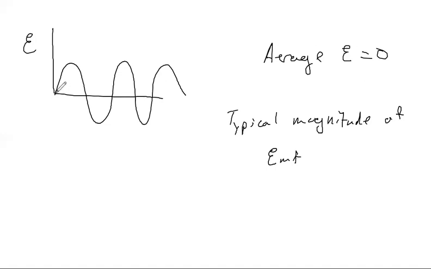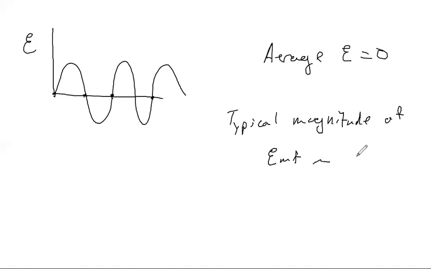The EMF is only 0 at a few places. On average, it typically isn't 0. It's typically something like this, as I shake my stylus back and forth. So what we want to do is come up with a way of estimating that.